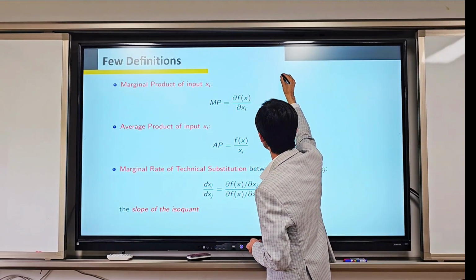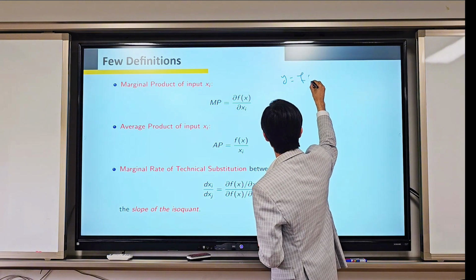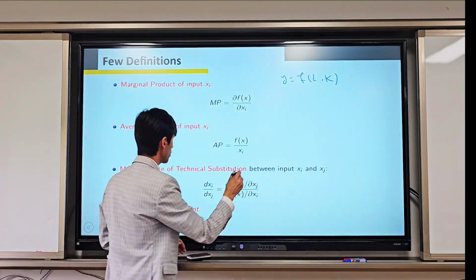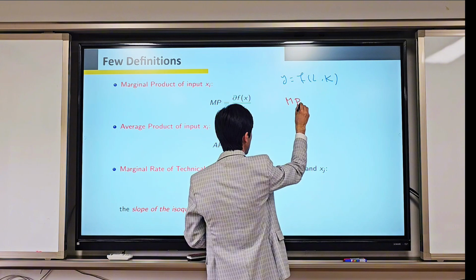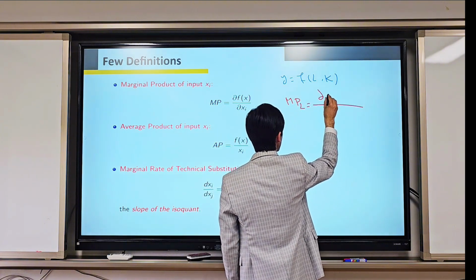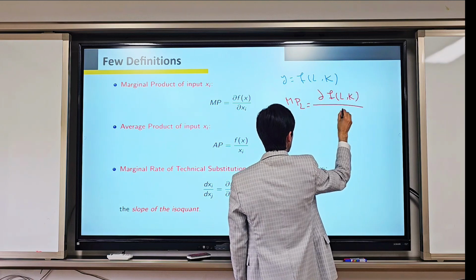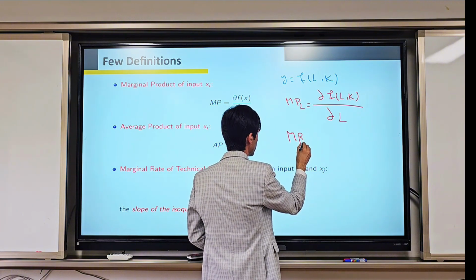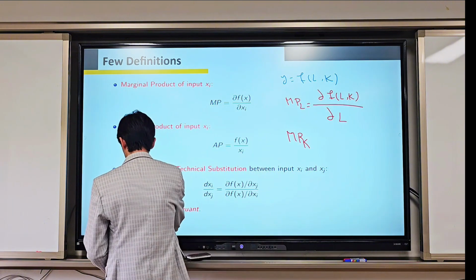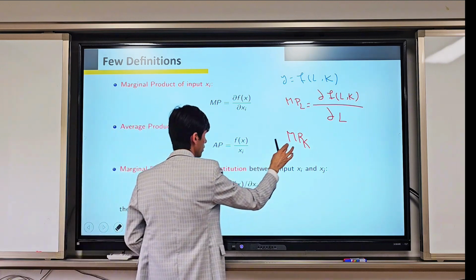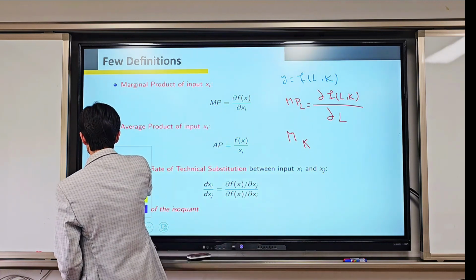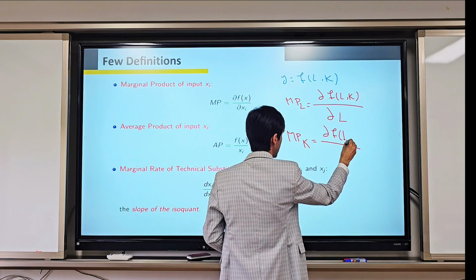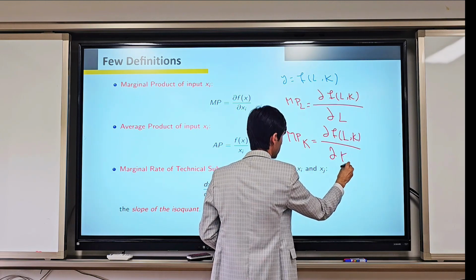For example, if we have a production function y equal to a function of labor and capital, then the marginal product of labor is equal to the partial derivative of this function with respect to L, and the marginal product of capital is equal to the partial derivative of this production function with respect to capital.